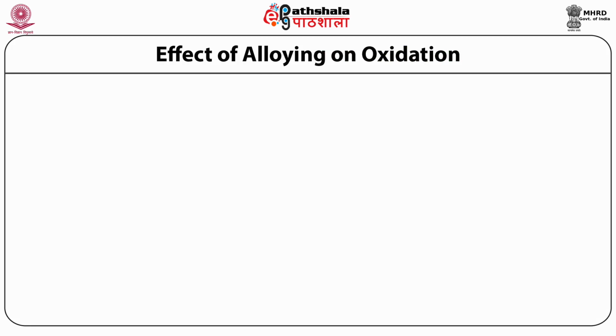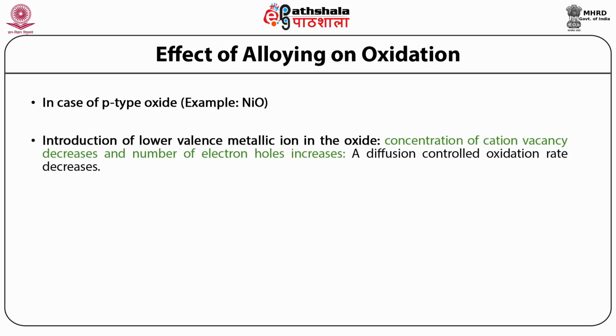Effect of alloying on oxidation. Students, let us now consider the case of a p-type oxide, for example, nickel oxide. With the introduction of lower valence metallic ions in the oxide, the concentration of cation vacancies decreases and the number of electron holes increases, indicating that the diffusion controlled oxidation rate decreases.